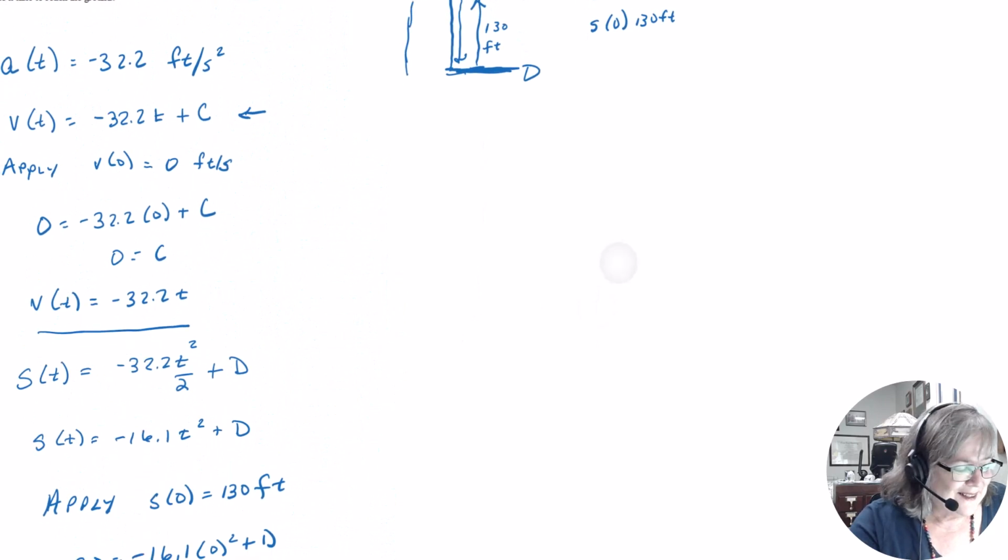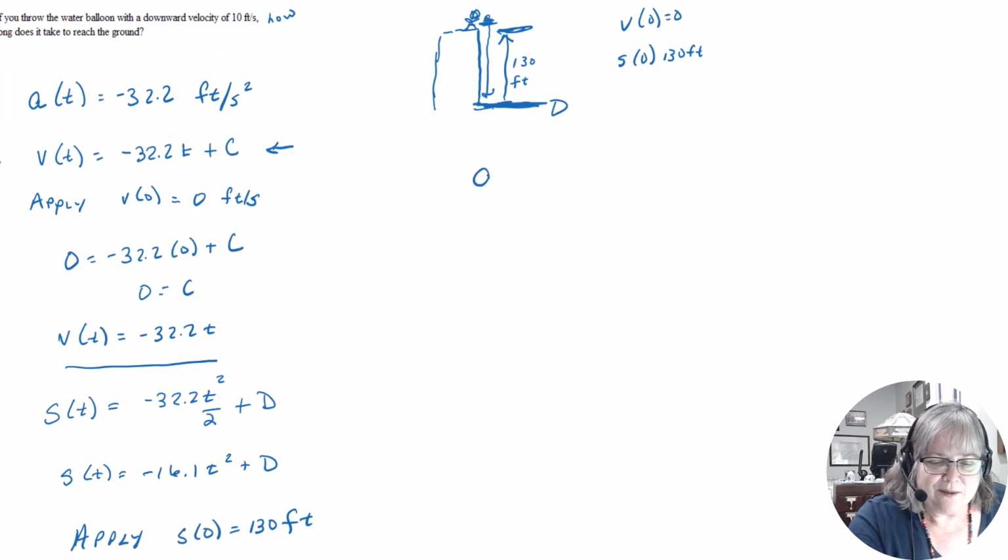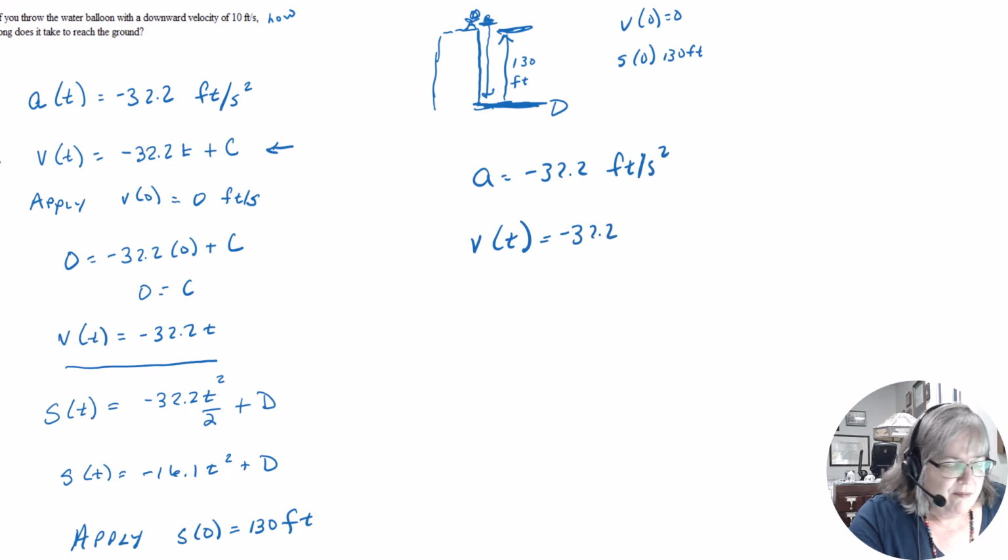Right, let's see. But it's kind of like the same pattern, right? So you would start off and you would have your acceleration is minus 32.2 feet per second squared, right? And we're going to do an antiderivative. So the velocity would be negative 32.2 times t plus c.